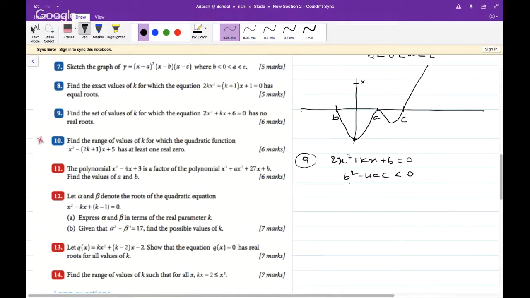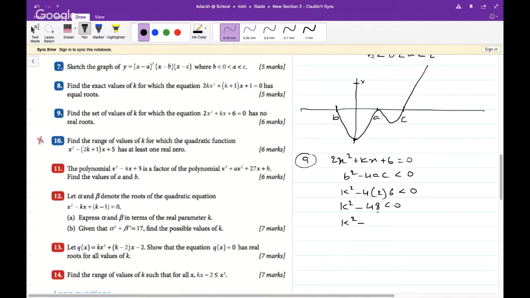Now b is k square minus 4 into 2 into 6 is less than 0. So k square minus 8 times 6, 48 is less than 0.